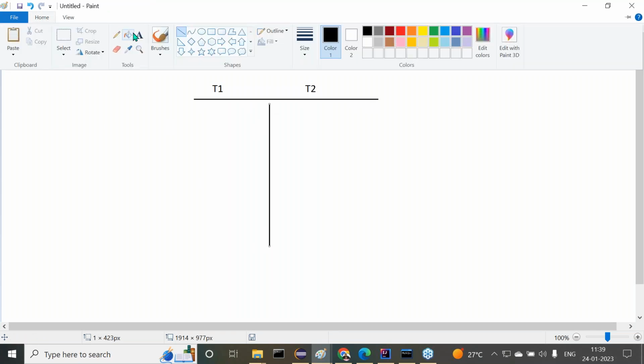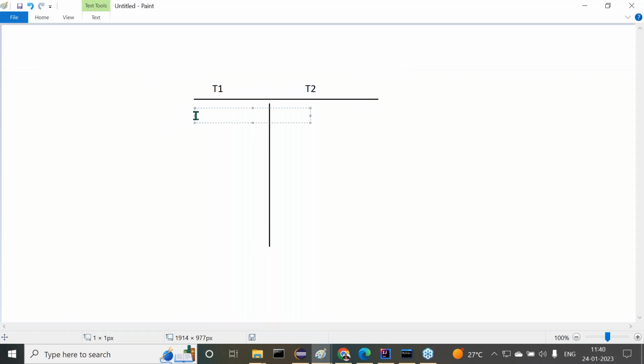Now T1 is performing read operations continuously. The intention of performing read operations continuously is to check the number of results. Every time we want to get the same number of results.